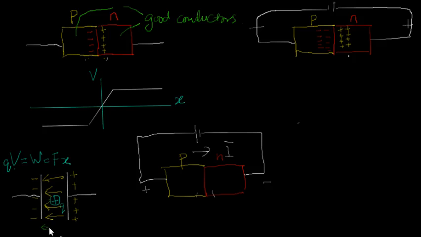So this width D would correspond to the width of this depletion region, called D. And that corresponds to the region between this point and this point.